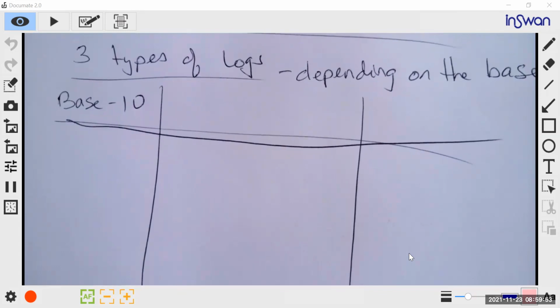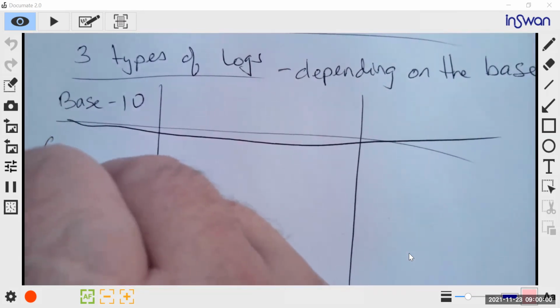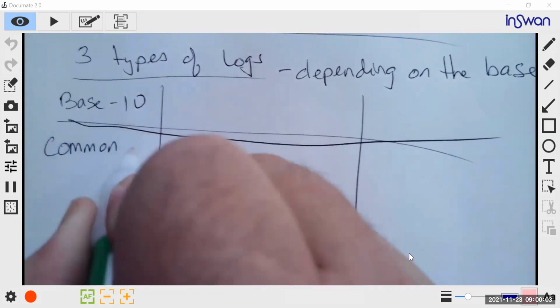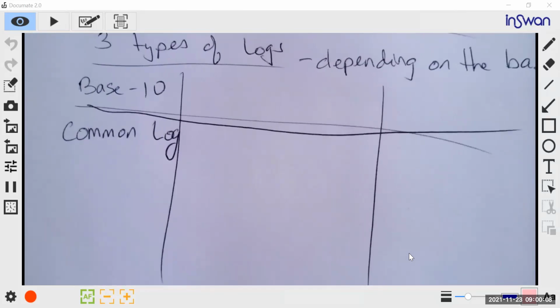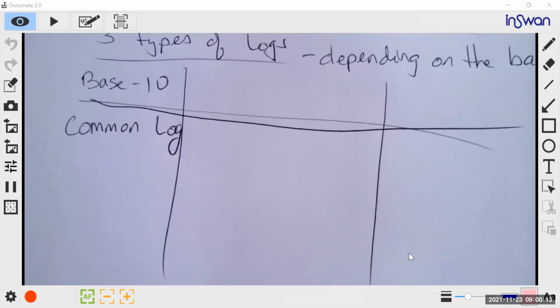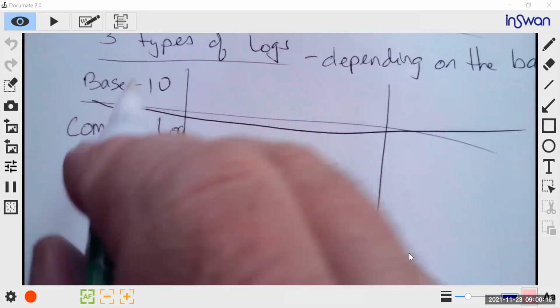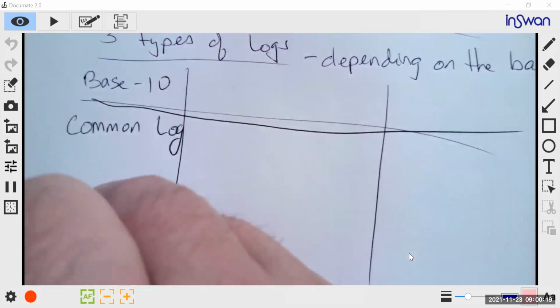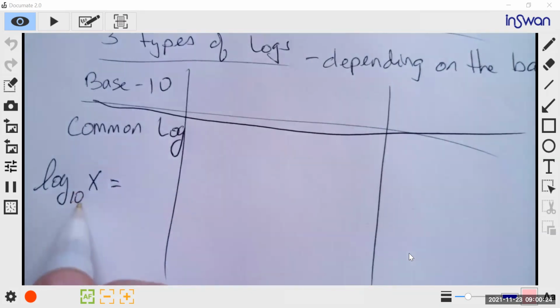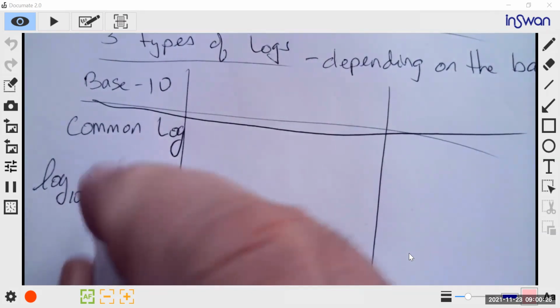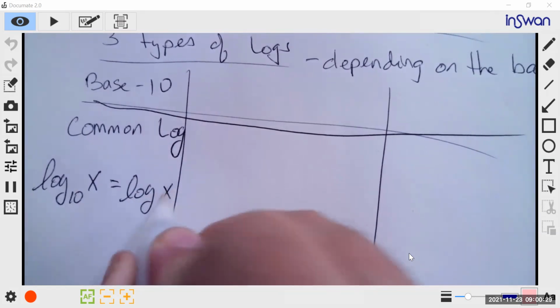It's decimal, 10 from 0 to 9, from 10 to 19, from 20 to 29. It always grows in groups of 10. We call that a common log. In other words, since it's our base 10 system, whenever you see this, it is log base 10, because it's a common log, you don't have to put anything down there.